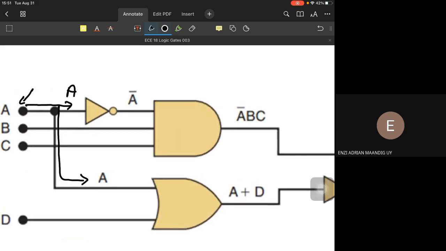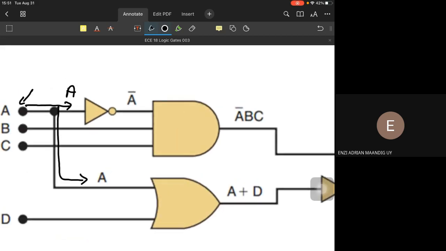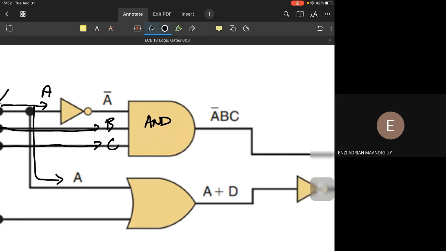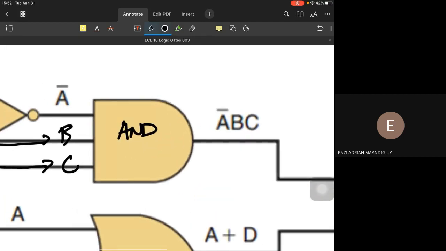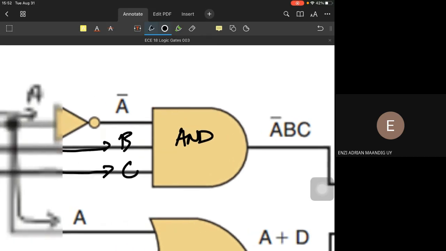Like above, A before the inverter is still A; after the inverter, it's A bar. And because this is an AND gate, with B and C, the output of the AND gate is A bar and B and C. Is the upper portion clear?